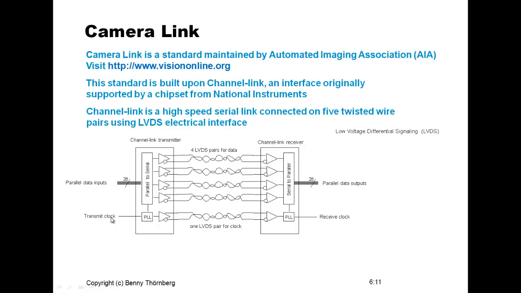And you can then understand that you need to increase the speed of the transmitting clock frequency using a phase lock loop and an internal clock generator, such that for each clock cycle of the transmit clock there are 7 bits of data transferred on each one of these pairs of an LVDS channel. The last, 5th channel is used for simply transferring the transmit clock to the receiving chipset where you have the receive clock.